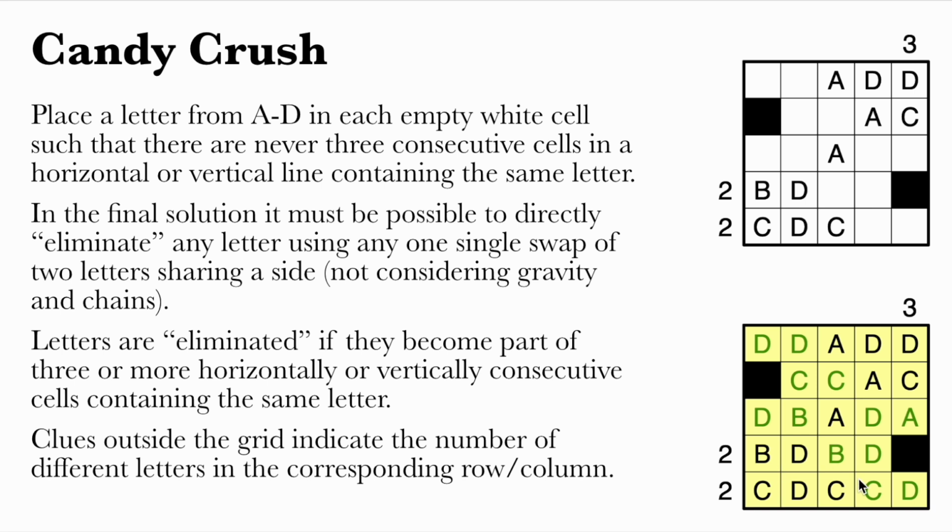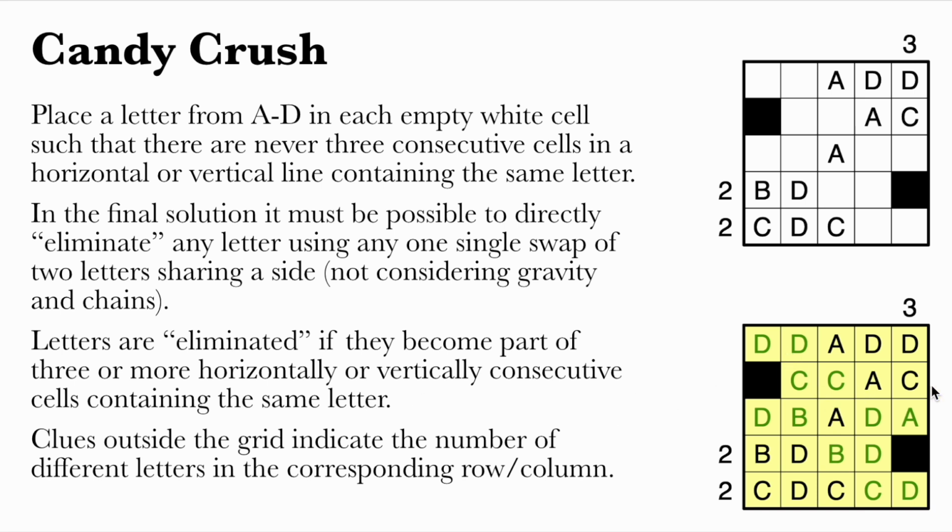So we simulate that by saying if this A and C were to switch places, then we'd have 3 A's in a row and those would get eliminated. If we have this C and A switch places, we'd have 3 C's in a row and those would get eliminated. Note that the letter being eliminated does not have to be the one getting swapped.